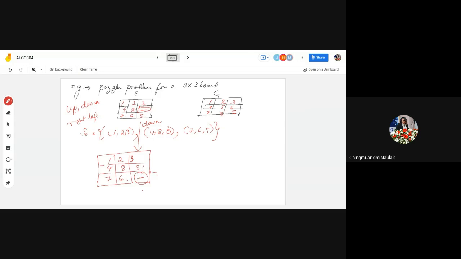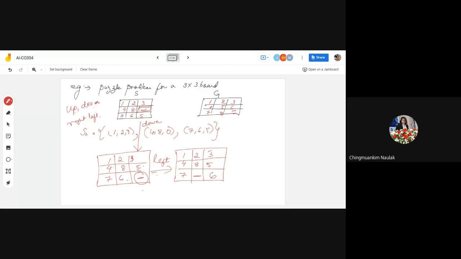So you're going to move it to the left. When you move this to the left, what will you get? You will get 1, 2, 3, 4, 8, 5, 7. This has come to the left, right? And then 6. So this is your current state. Now compare it with the goal state.